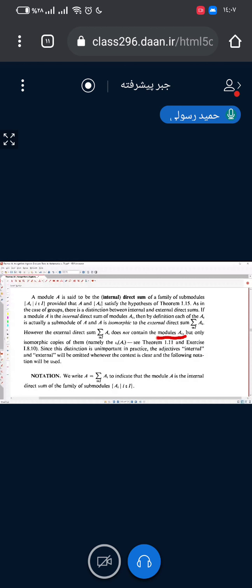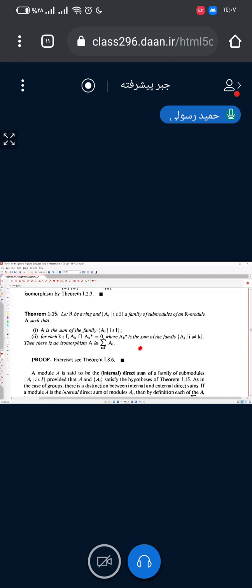It is not so important for our subject, and it is sufficient to note this theorem, and if these assumptions hold, we say that A is an internal direct sum of A_i.